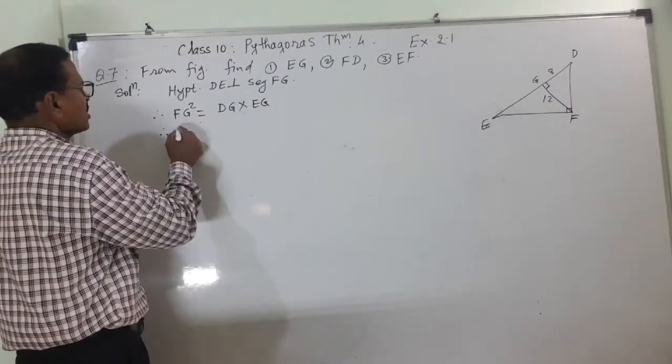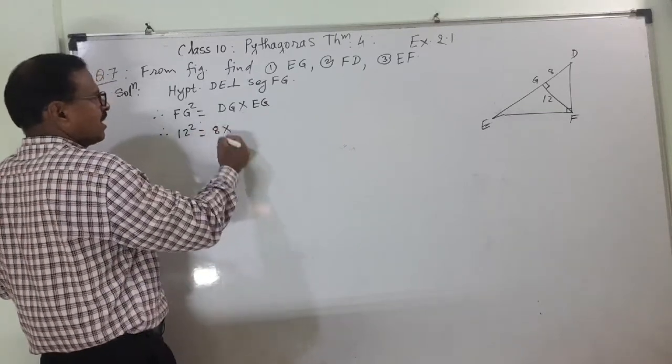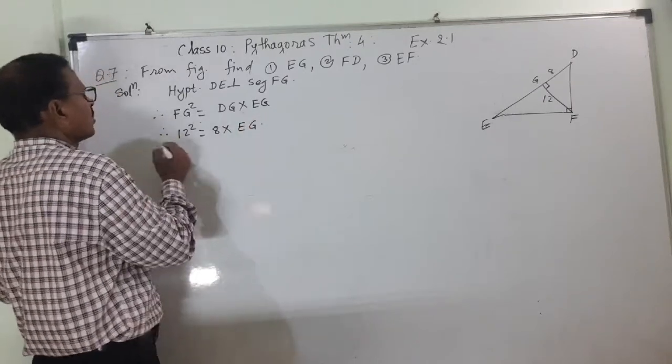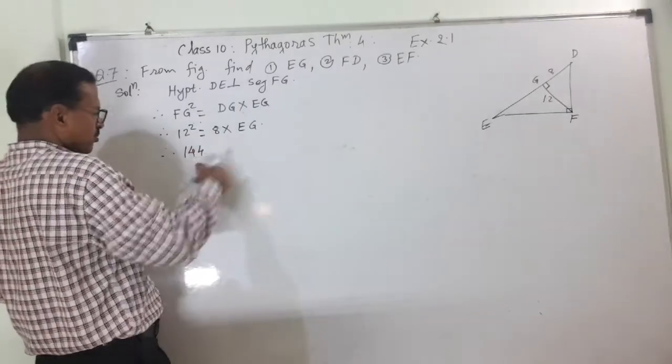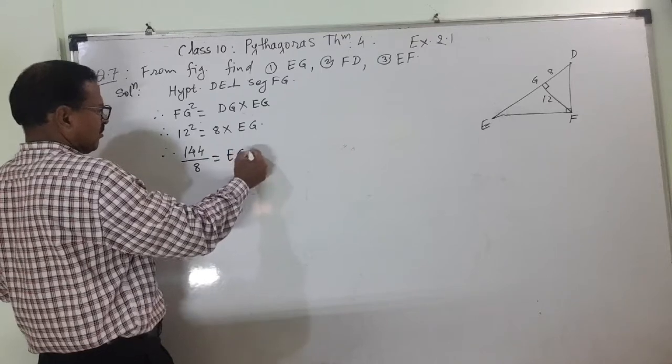GF square means 12 square is equal to DG is 8, EG we don't know, so I will write EG. Therefore, 12 square is 144. This divided by 8 is equal to EG.